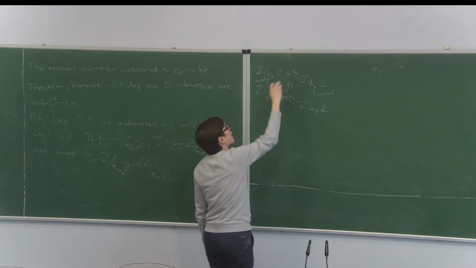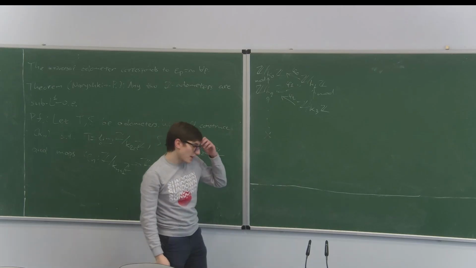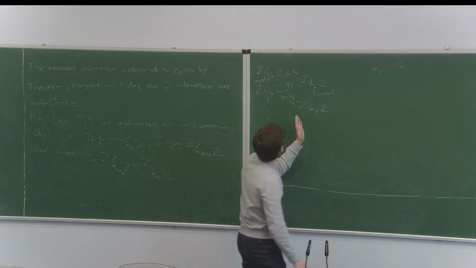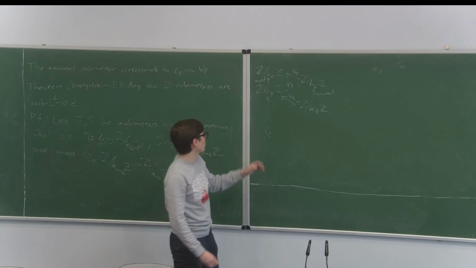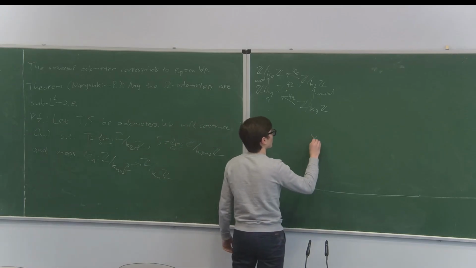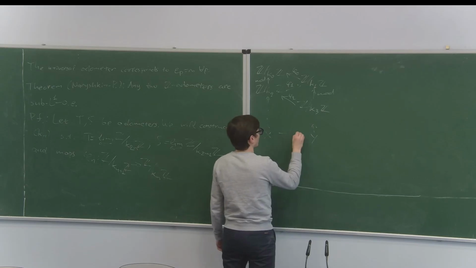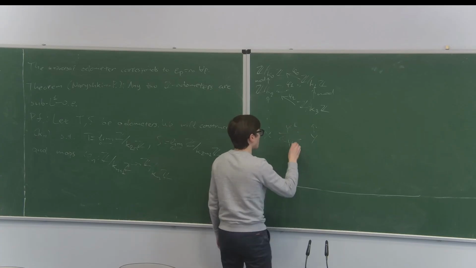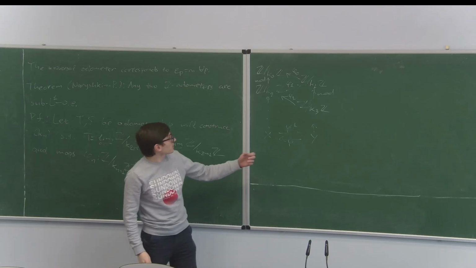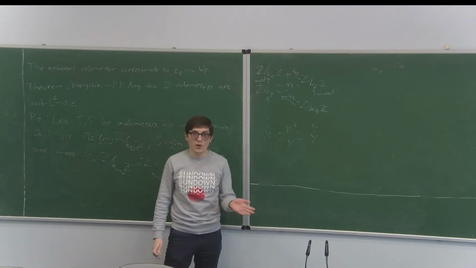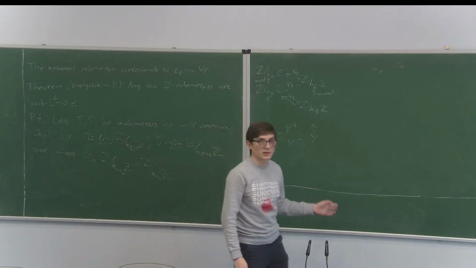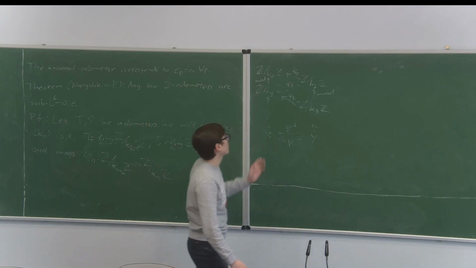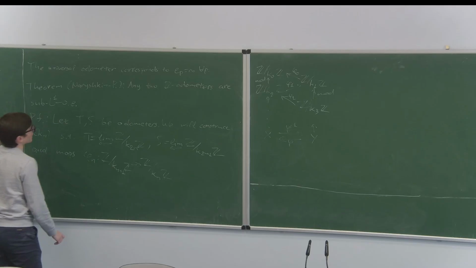Now, what will these maps be? These maps cannot possibly be on the nose compatible with this whole diagram. Maybe phi inverse, something like this. This will never be on the nose commutative, so that you directly invoke inverse limit behavior.